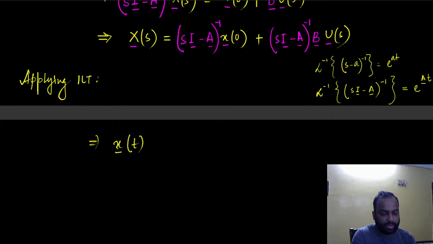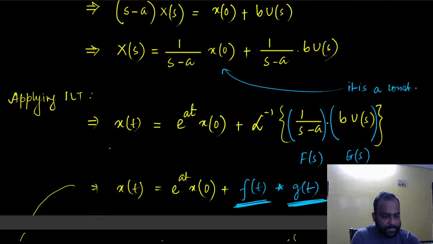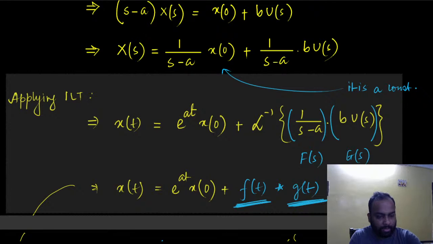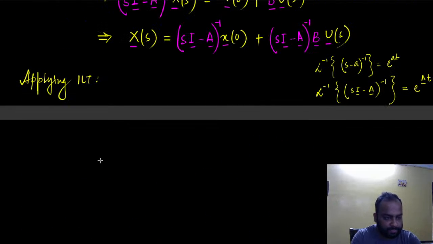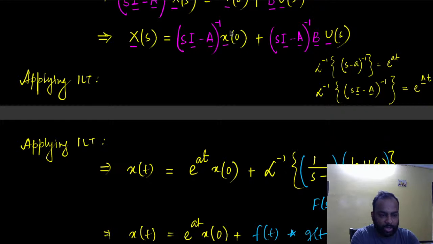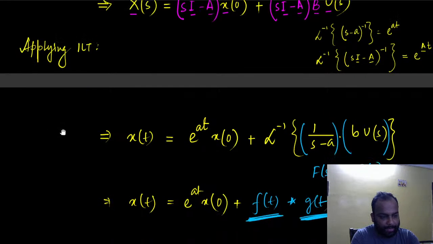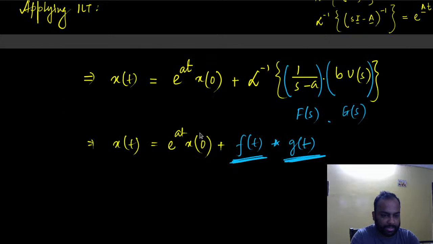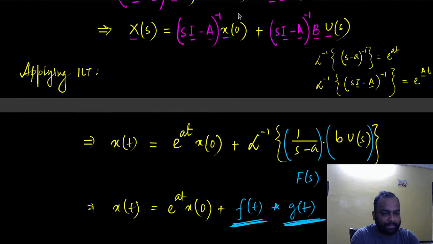Again let me just copy paste everything. So again, this quantity is a constant, because that's the initial value, right? So I have applied inverse Laplace transform, and we have just made a copy paste here.